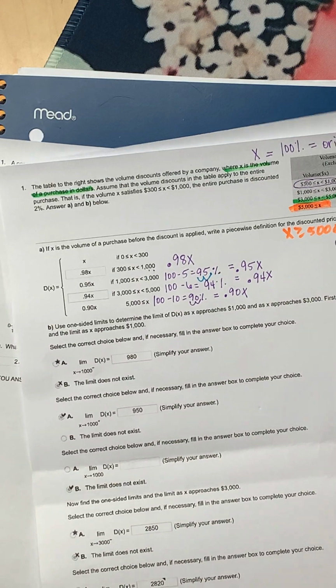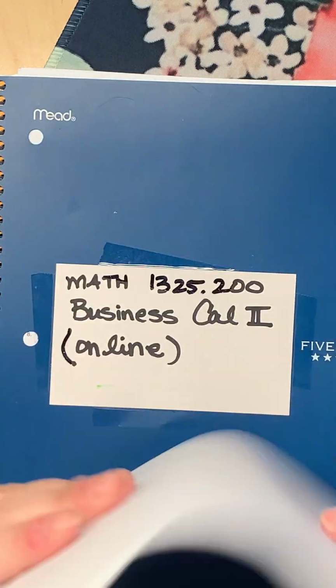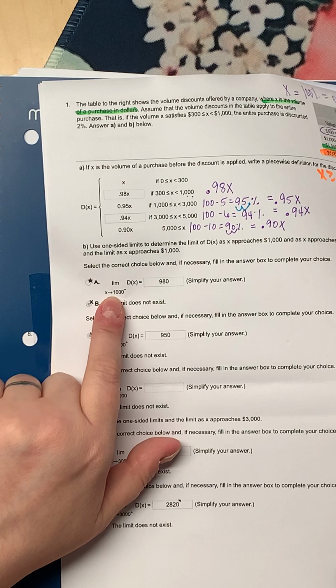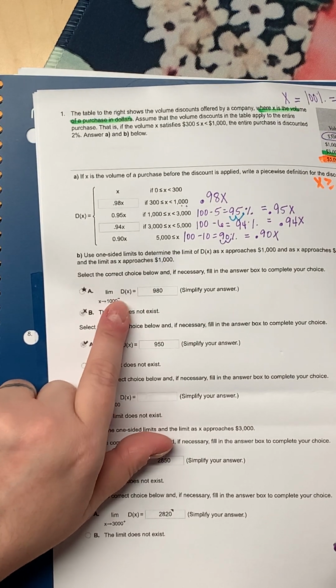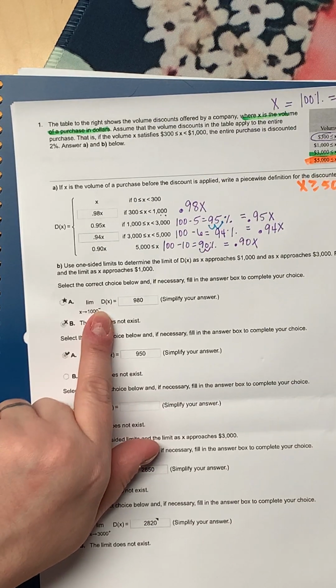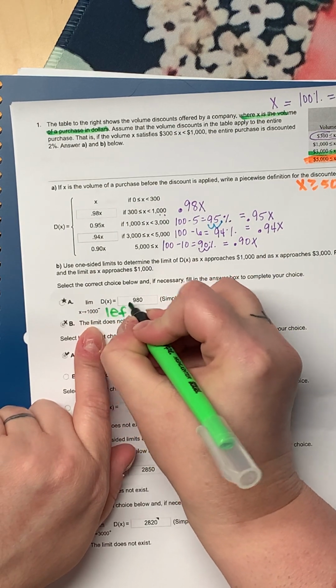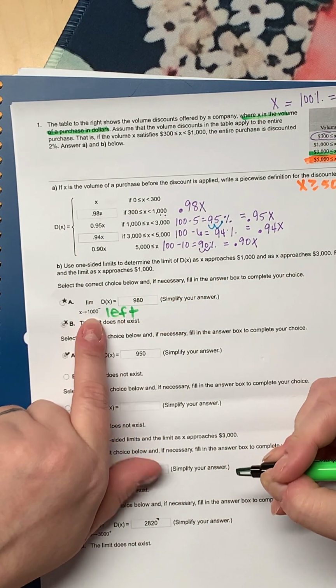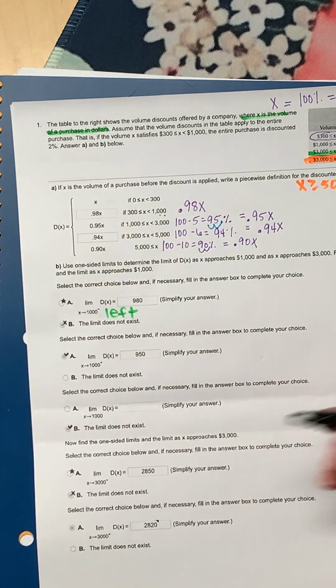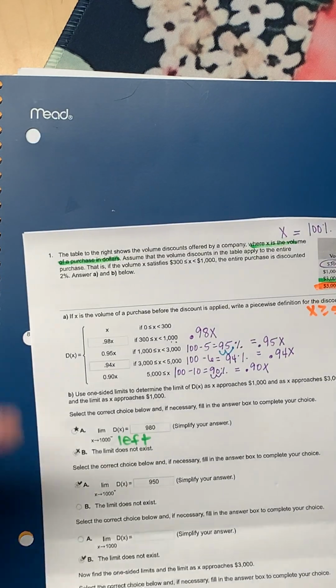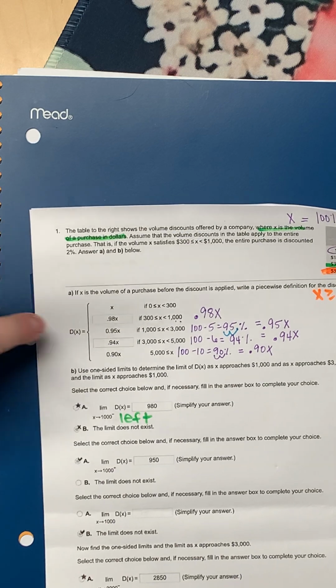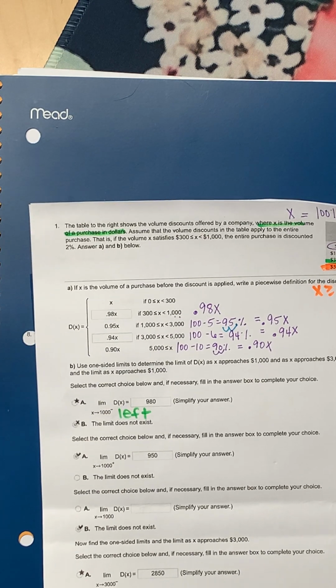Okay, so let's look at part A. It says X approaches 1,000 with a little negative. Well, that little negative means to the left. So let's find on our part A what numbers are to the left of 1,000.